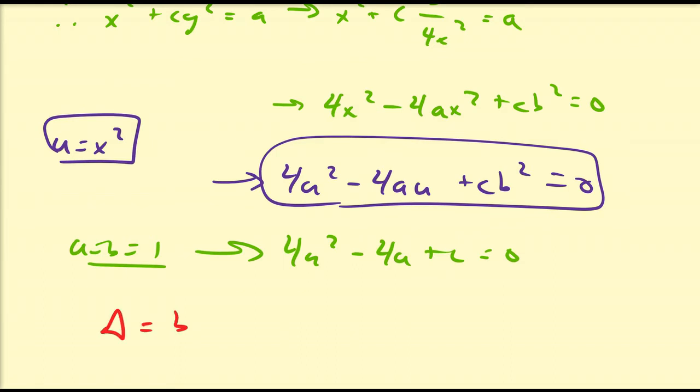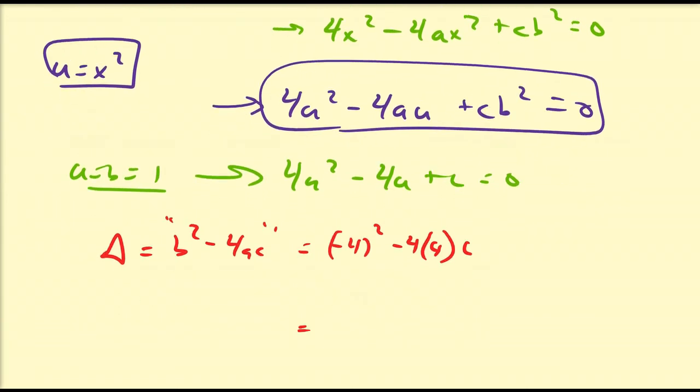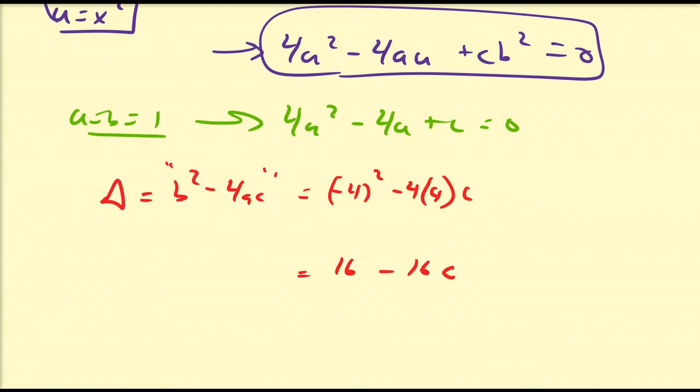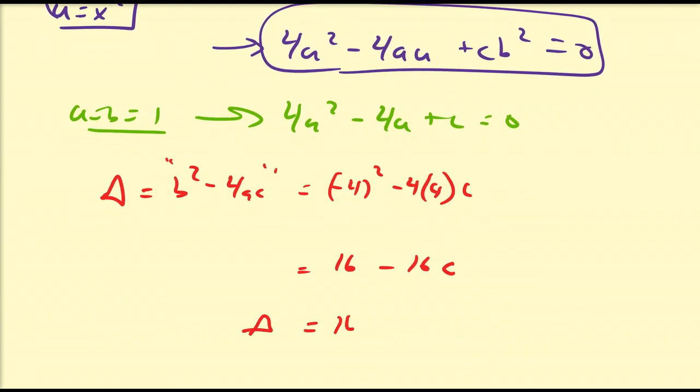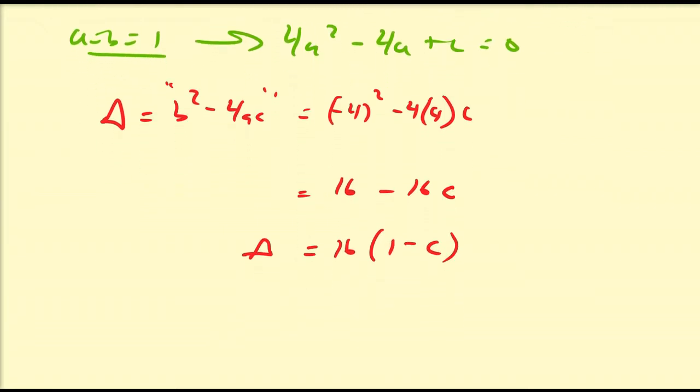The discriminant is going to be b squared minus 4ac of the standard quadratic, which in this case is 16 minus 16c, which is of course equal to 16 times 1 minus c. So this is our formula for the discriminant.